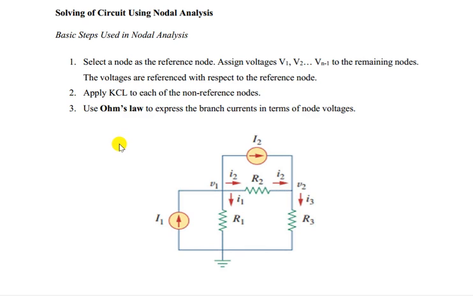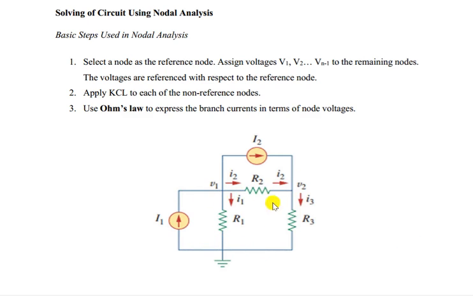Now the basic steps. Suppose this is a circuit. First, we have to identify the nodes. How many nodes are there here? This is one node where these four circuit elements are connected. This is another node where three circuit elements are connected, and this is another node where these three circuit elements are connected together.